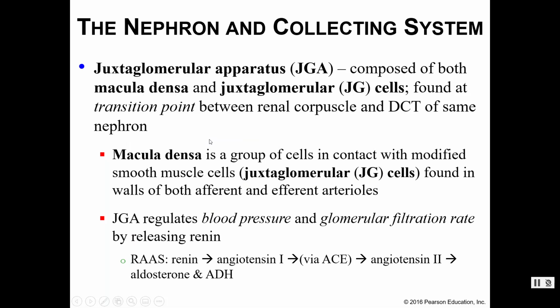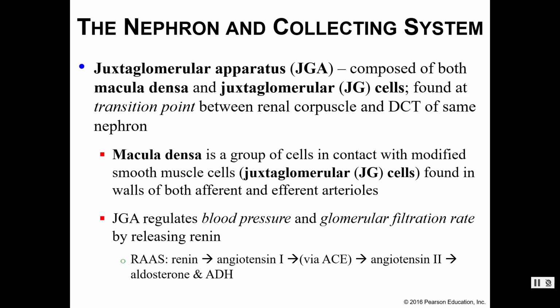So your macula densa cells are in contact with modified smooth muscle cells. That's what the JG cells are. They're modified smooth muscle cells. And again, these JG cells are found in the walls of the afferent and the efferent arterioles. Just to refresh, A comes before E. The blood goes through the afferent arteriole towards the glomerulus.